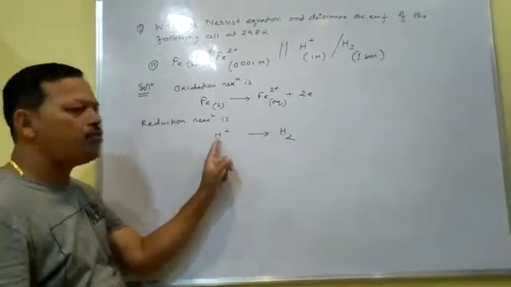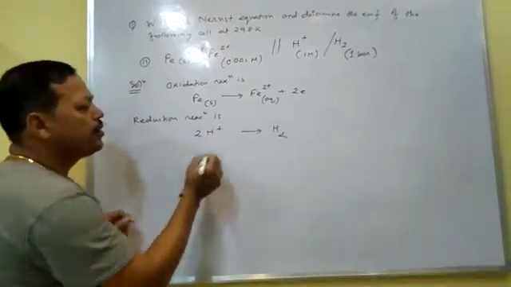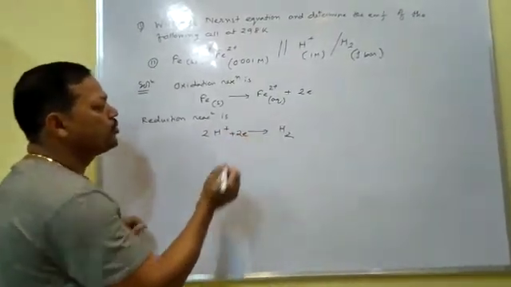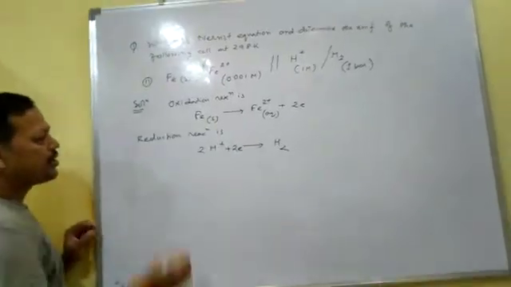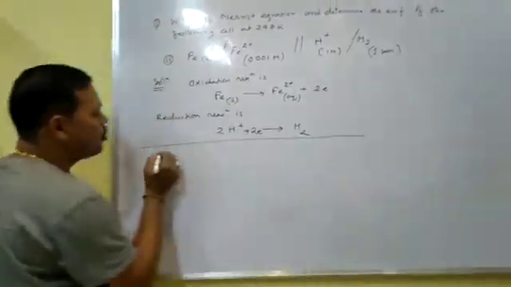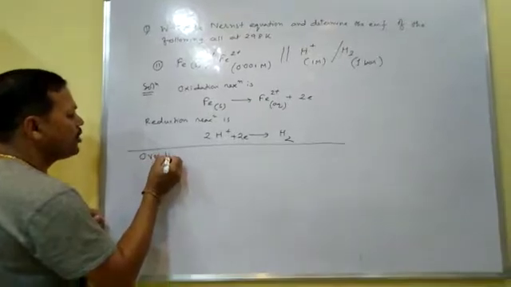Here there are 2 hydrogens, there 1 hydrogen, so you have to put 2 here, so the number of electrons will be 2. This is the reduction reaction. After that you combine both for the overall equation.